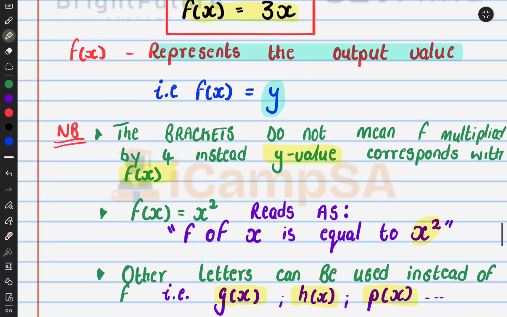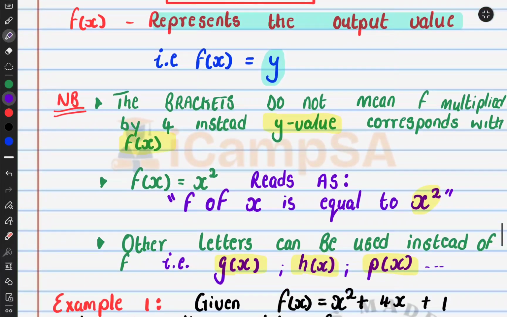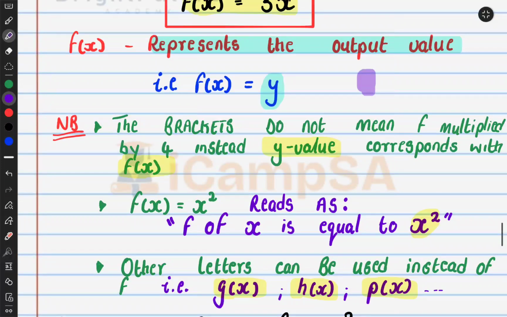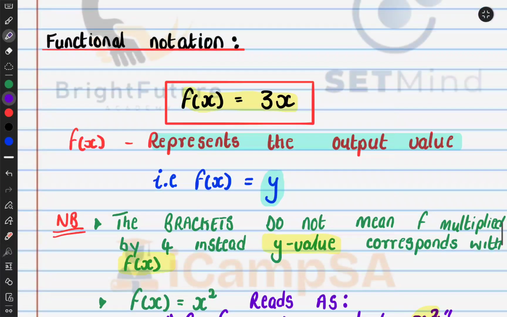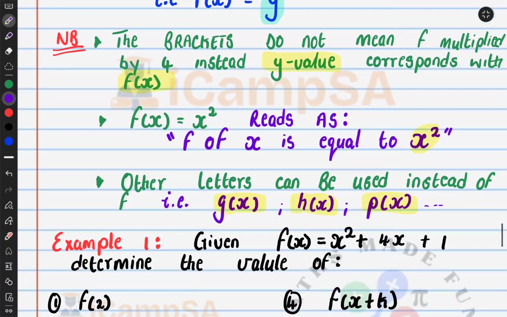So you can find a situation whereby you are given g of x is equal to maybe x squared plus 1. So other letters can be used in this functional notation.